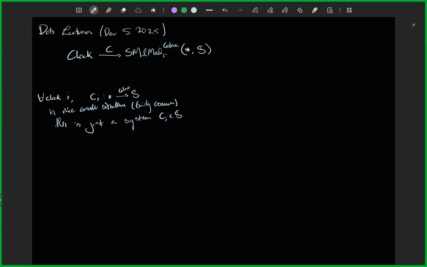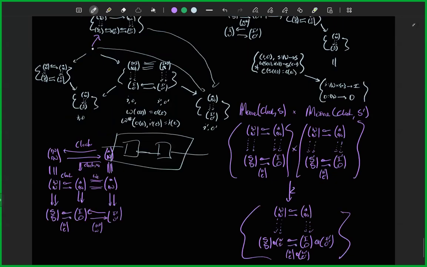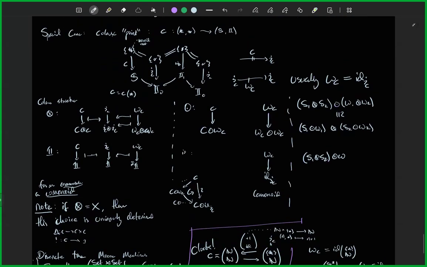It is very important that it be colax. And as we saw last time, I'll encourage you, dear viewer, to go back and see all the data. There was a bunch of extra data, corresponding not just to the system and its interface, but also this interaction that it had, and very often this comonoid structure that it has.